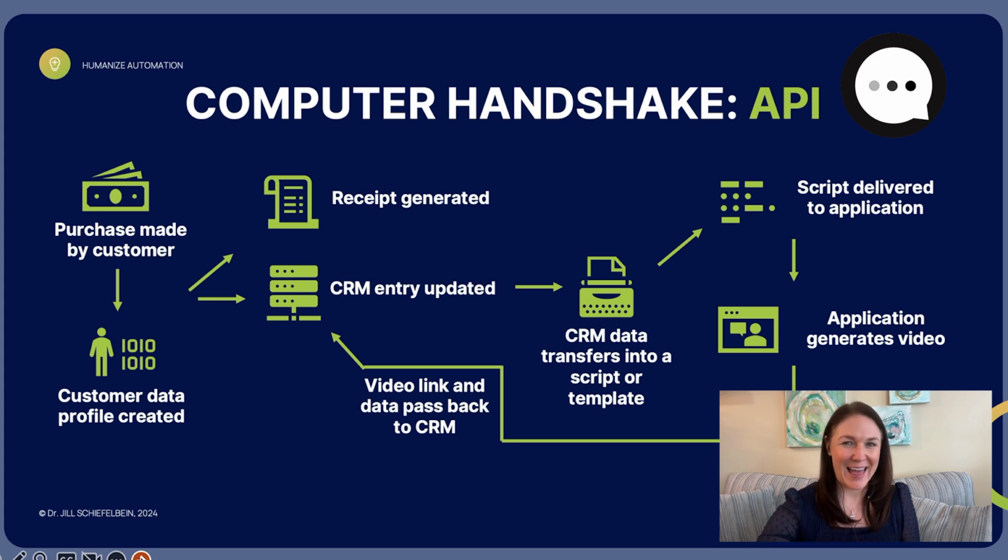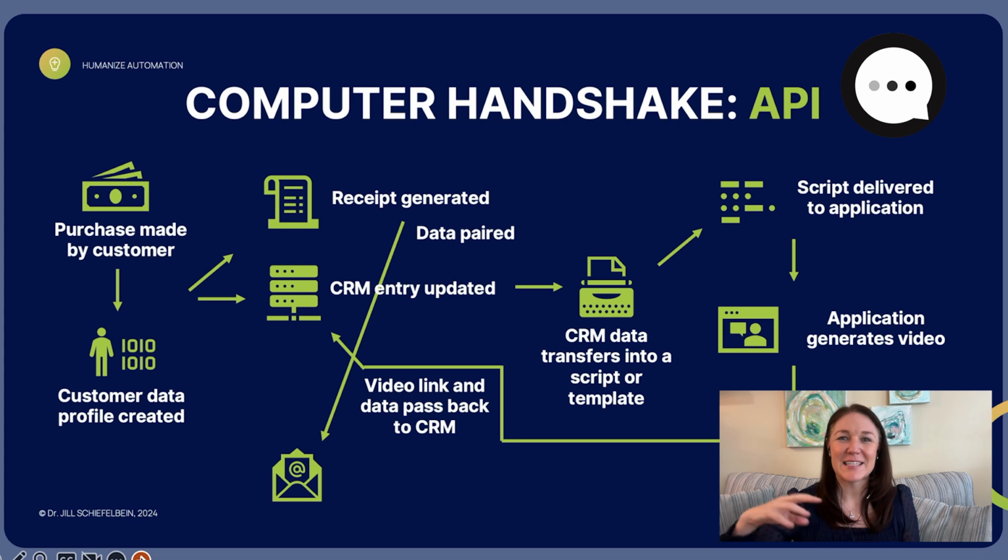Then when that entry is updated, bam, you pair that data with the receipt, and now Jill is receiving a personalized confirmation receipt directly from Allison with a video that is talking directly to her, personalized with her name, with the product she bought, and even an intimate personal story about Allison's experience with the product, or maybe one of her other clients' experience with the product.